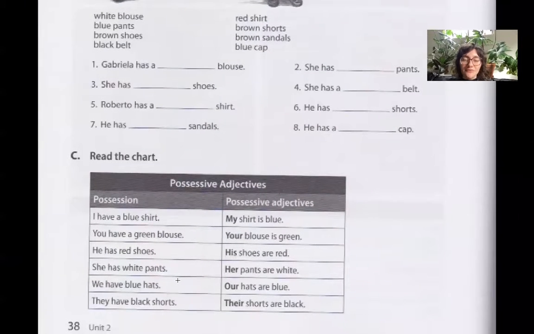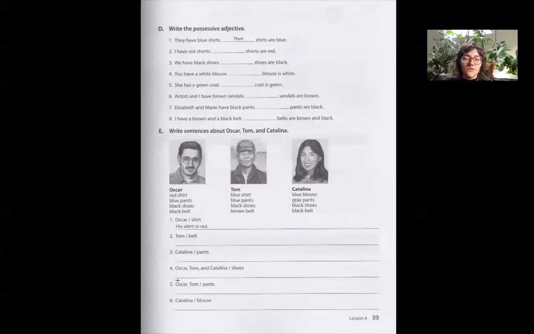When you say, I have a blue shirt, instead you could say, my shirt is blue. You have a green blouse, your blouse is green. He has red shoes, you can say his shoes are red. She has white pants, you could say her pants are white. We have blue hats, or you could say our hats are blue. They have black shorts, their shorts are black. So we can say those.